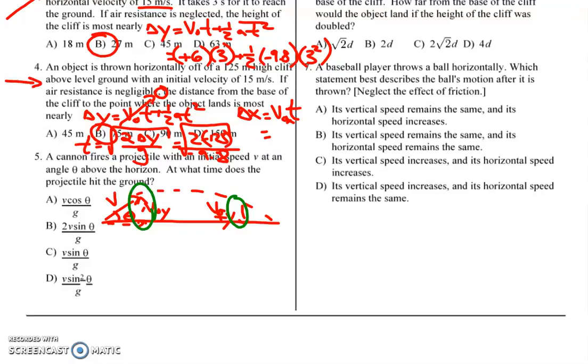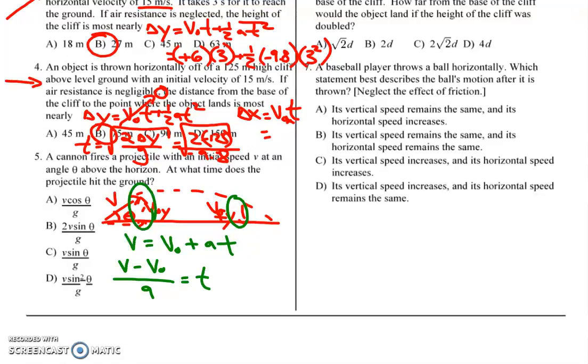So what I can actually do is I could say v is equal to v naught plus at. I can rearrange this so I have v minus v naught divided by a is equal to t.